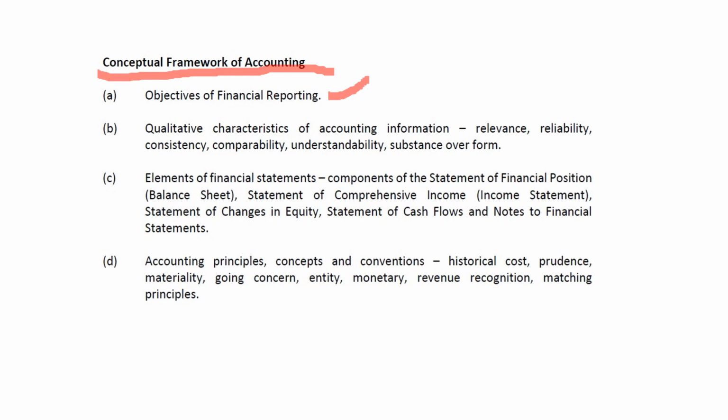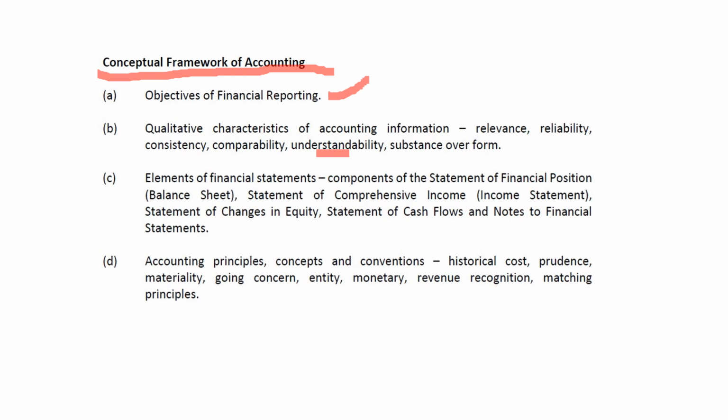In the case of understandability, students tend to think that the statement itself should be understandable by everybody. That is not so. It's only those people who are qualified in POA and financial accounts and so on they are talking about here. It must be understood by persons who have taken reasonable steps. That includes the study of accounting to understand it.